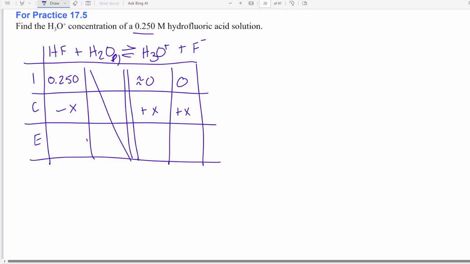So at equilibrium I will have lost X from my 0.250 molar, so I'll have 0.250 minus X, and I'll have X for my H3O plus and X for my F minus.